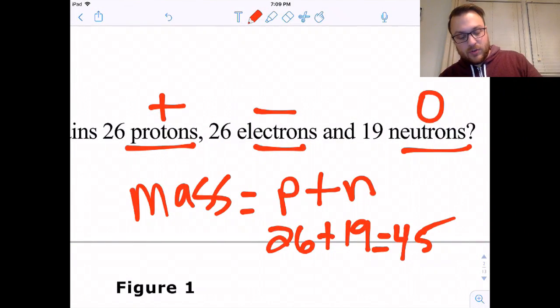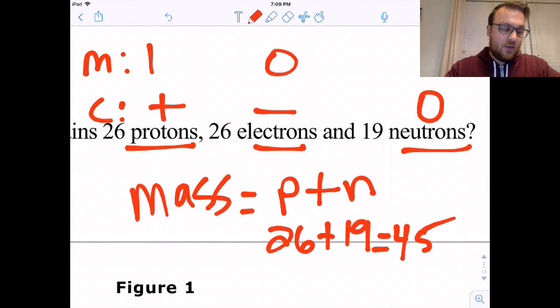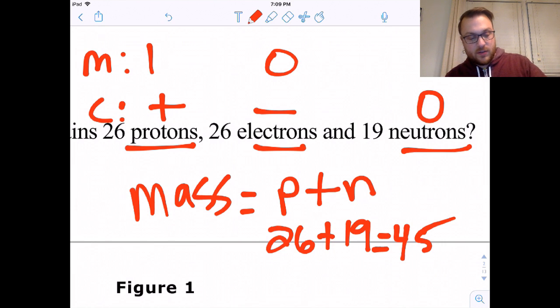Because the protons weigh 1, the electrons weigh 0, and the neutrons weigh 1. So mass is protons plus neutrons. Charge is all about protons and electrons.